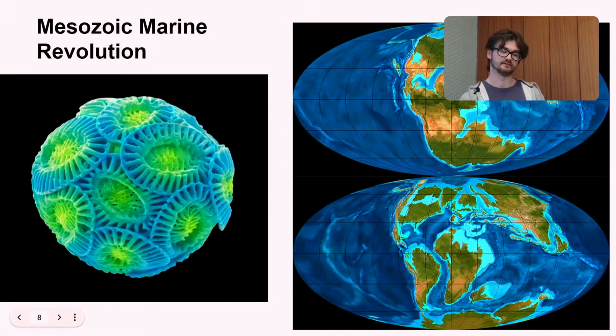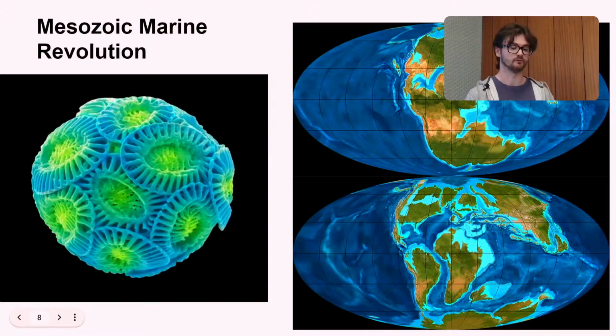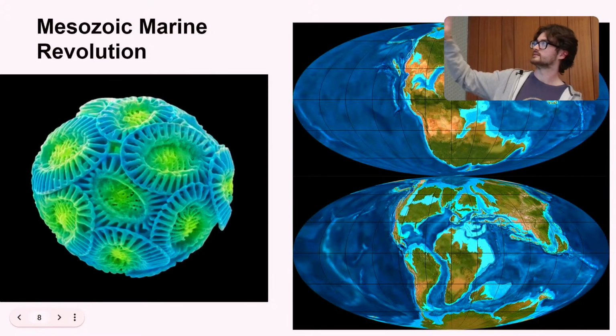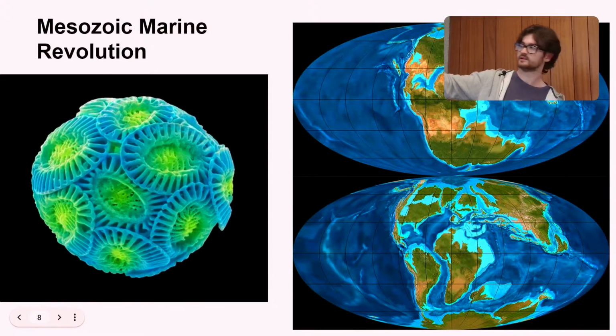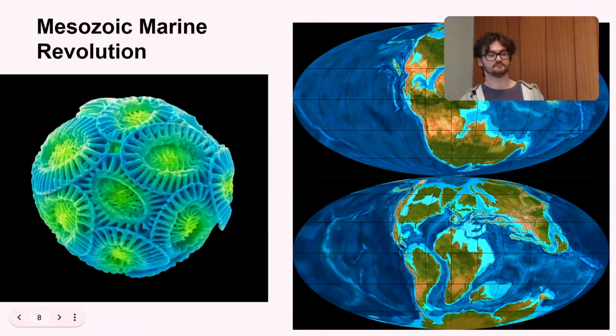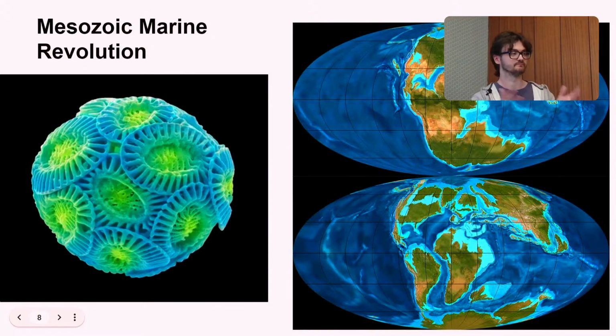There are two ideas about when the Mesozoic marine revolution started, and that's what these are about. The top one is the Earth during the Lower Jurassic, and the bottom one is during the Lower Cretaceous. The idea in the 70s, when this was developed, was that the Mesozoic marine revolution started in the Lower Cretaceous as a response to continental breakup, because now there's a lot more shallow sea area compared to the Jurassic once Pangaea breaks up.